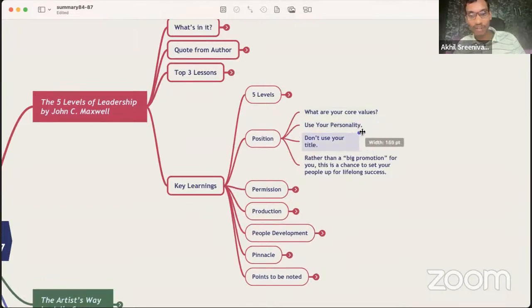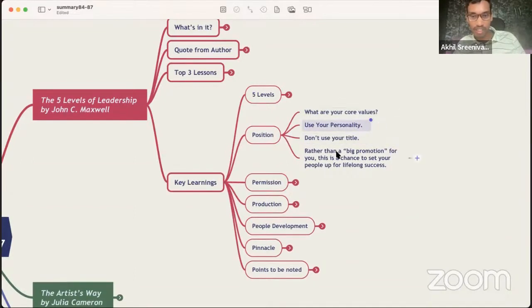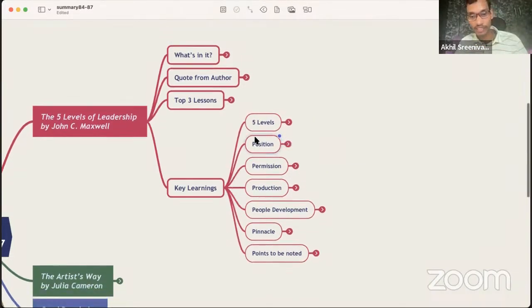Let that title come from your actions. Rather than a big promotion for you, this is a chance to set your people up for lifelong success. The first level is to set your position based on your core values, based on your personality. So set your position based on your values. That is the first level of leadership.